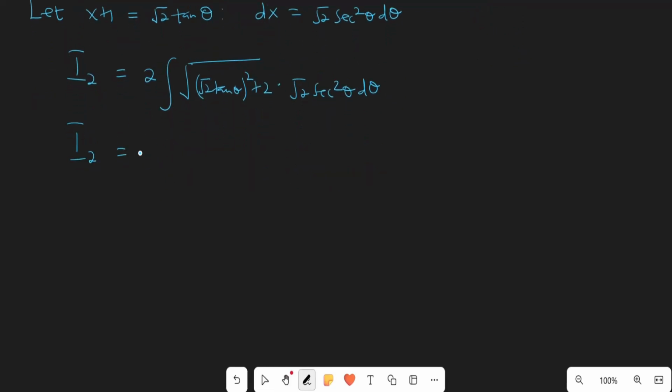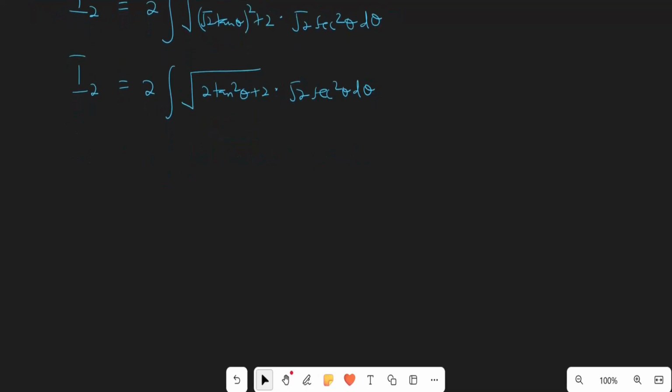So I2 is equal to 2 times the integral of the square root of, the square of this is 2 tan squared of theta plus 2, then root 2 secant squared of theta d theta. The root 2 is a constant and can come out in front, so 2 root 2 times the integral. This can be written as the square root of 2 times the square root of 1 plus tangent squared of theta, and then times secant squared of theta d theta.